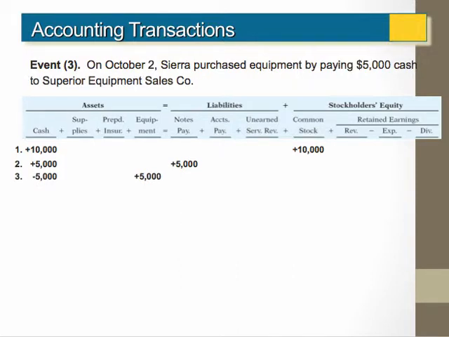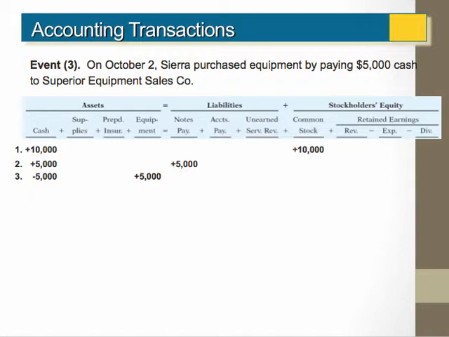Event number 3, on October 2nd, Sierra purchased equipment by paying $5,000 cash to Superior Equipment Sales Company. So, if we're paying out cash, cash is being decreased by $5,000. So note under the cash column, transaction number 3, decreased cash by $5,000.